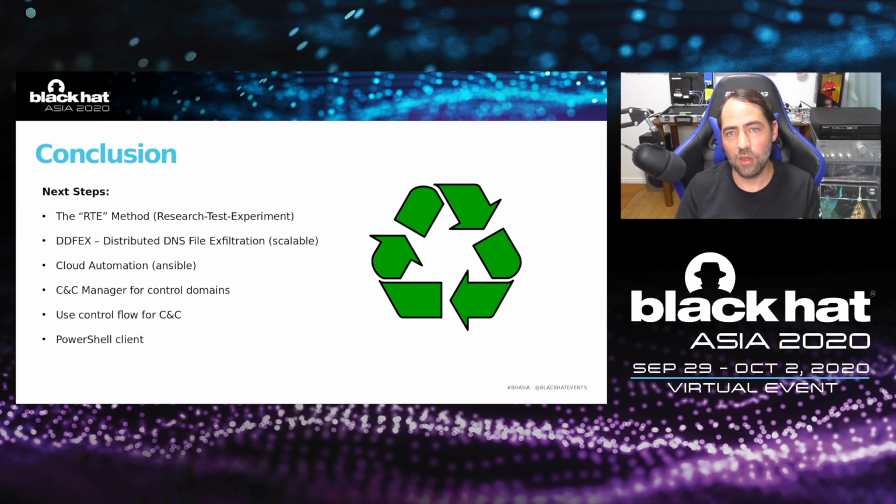So you start to work the other way around, right? You see what the security products look for, and you try not to match those. So this is a bit of research, test, and experiment, right? That is the best way to come up with techniques to bypass or not be noticed by these security products, right?